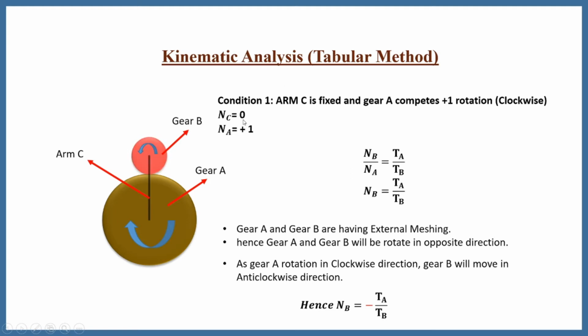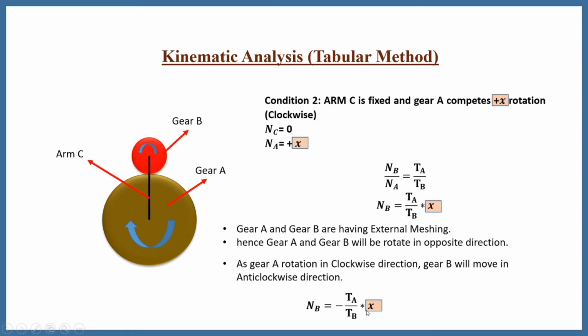This is condition 1, in which we get NB is equal to minus TA upon TB. For this condition we can find the speed of all three rotary members: NC is fixed, so its speed is 0; we rotate gear A with plus 1 rotation, and by using that we find the speed of gear B, NB is equal to minus TA upon TB.